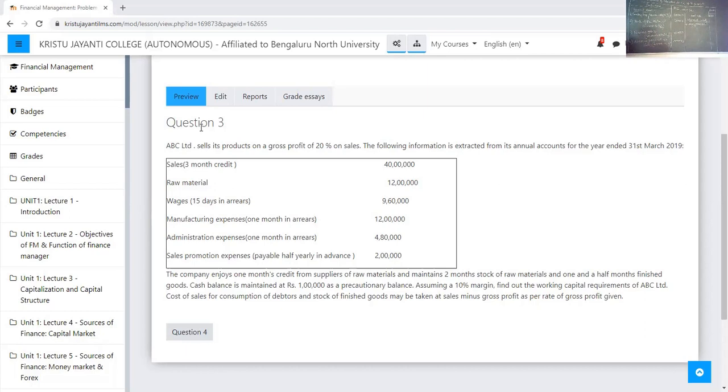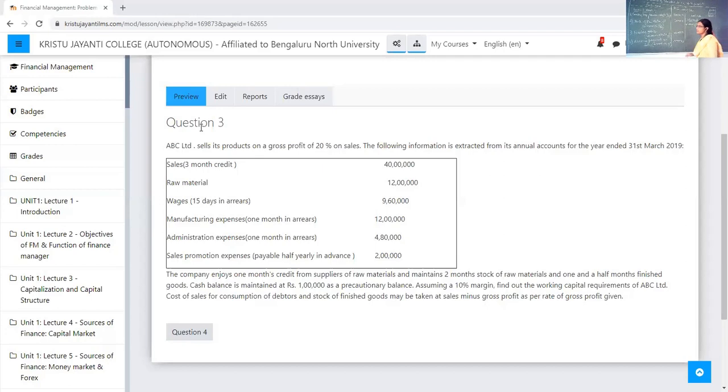If the number of days are not given, we could convert the days into months also. Because other information with regard to liability is given in terms of months, we would take 15 days as half a month. So 0.5 divided by 12.